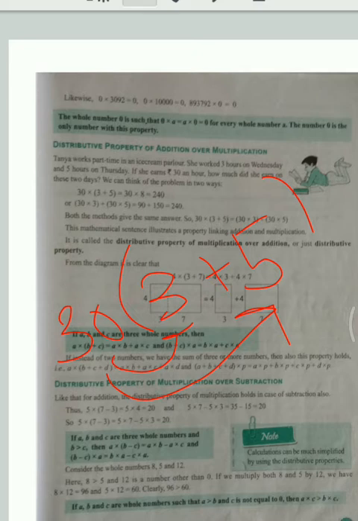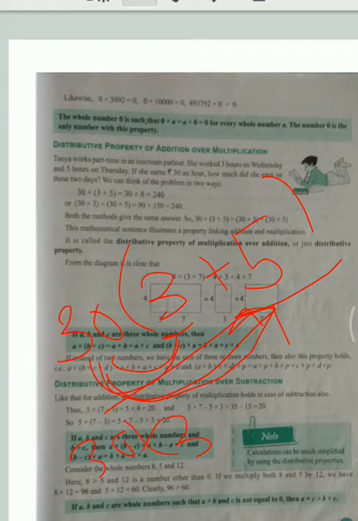If you want to find how much she will earn, you have to multiply 30 with these 3 hours and with 5 hours. And this statement we can write in two ways. The first way is like that, and the second way we can say 30 into 3.